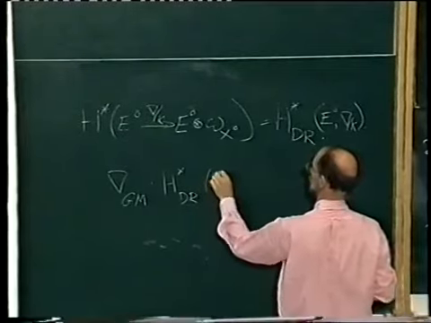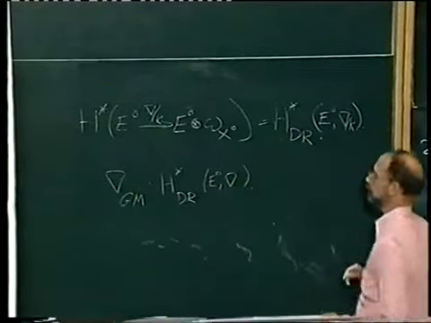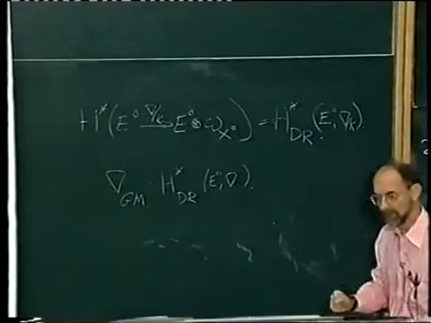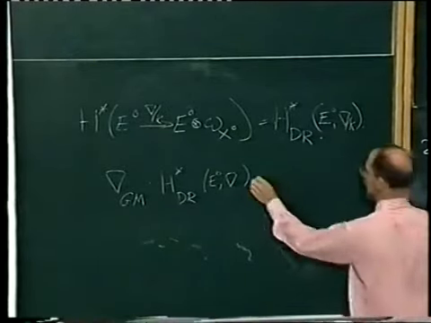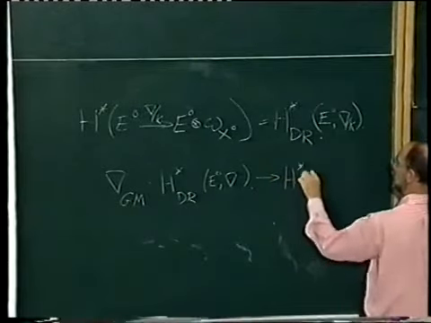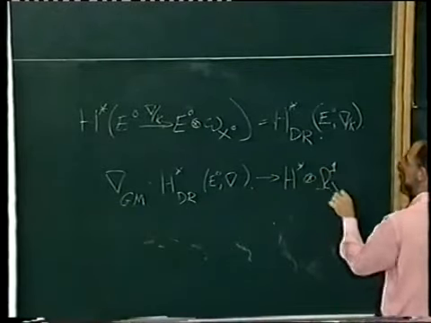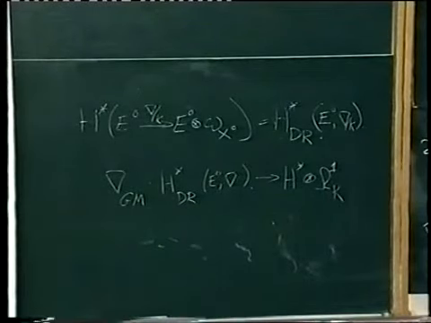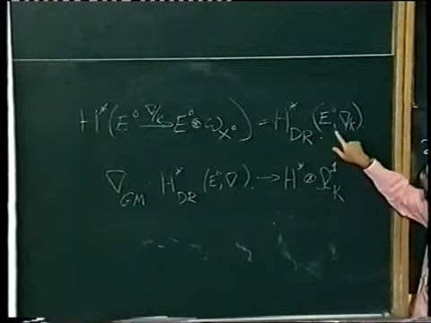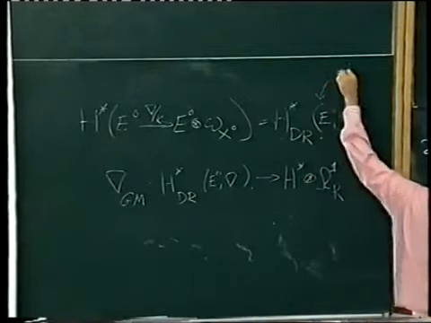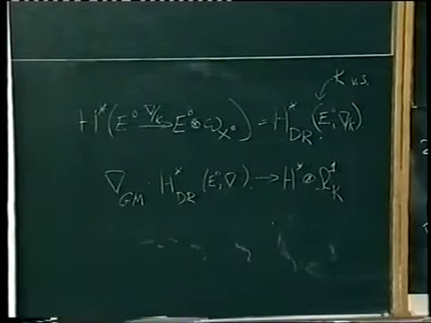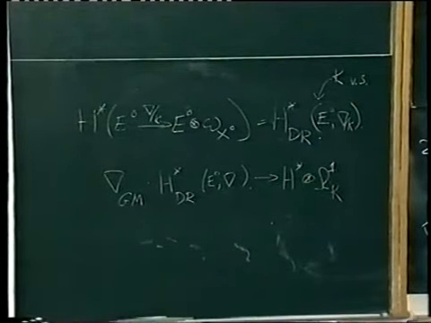But now this connection lives over the family, over K, tensor Omega 1 of K. We've pushed it downstairs. These are K vector spaces, and K is the base of the parameter.